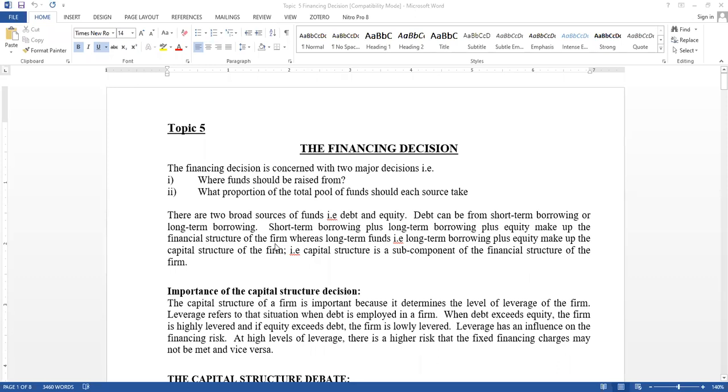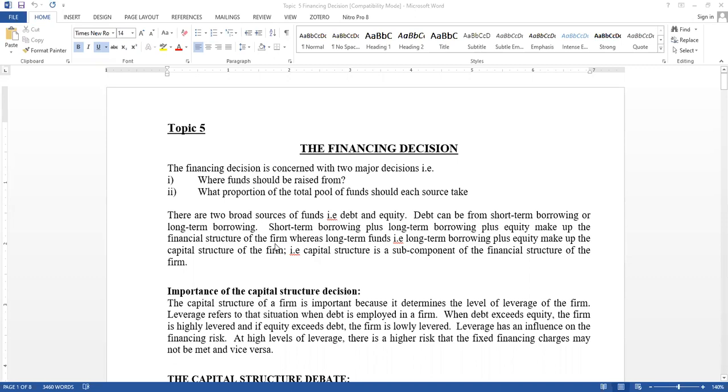Because much as you invest, you need to think of how you are going to finance your investments. Where are you going to get the money? And of course, what proportion of the total pool of funds should each source take?